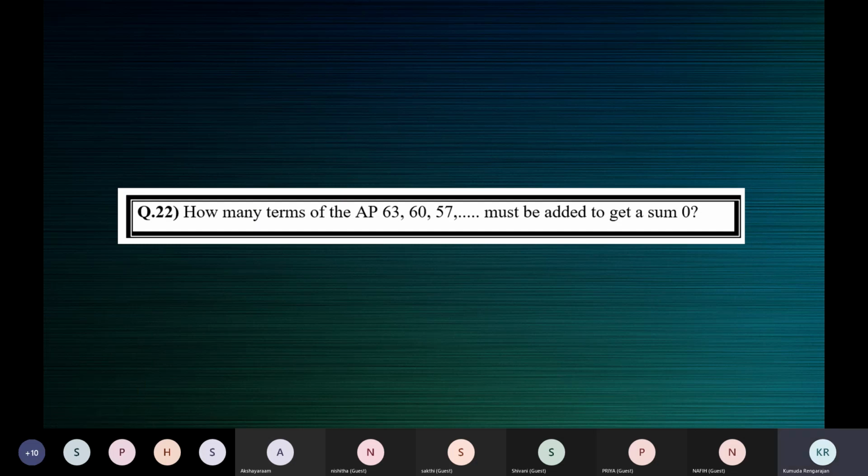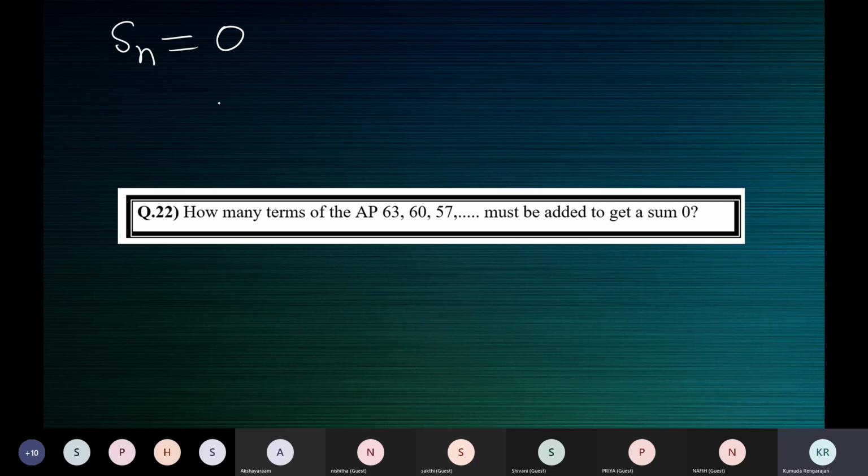So we need to work with the condition. Sn, sum to how many terms I don't know, but the sum should be 0. When you write your idea symbolically, you will know what to do next.